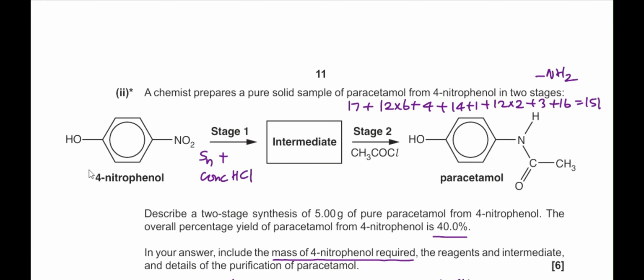Similarly, the MR of 4-nitrophenol, which we will be requiring in the subsequent part of the calculation, is 17 plus 6 times 12, 72, plus 4 hydrogen atoms plus 1 nitrogen atom plus 2 oxygen, adding up to 139.